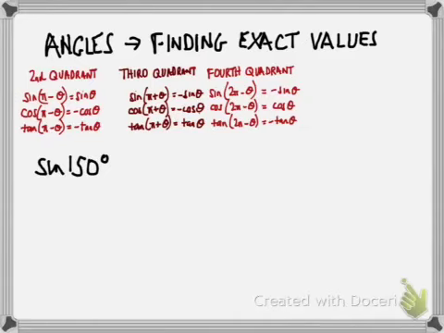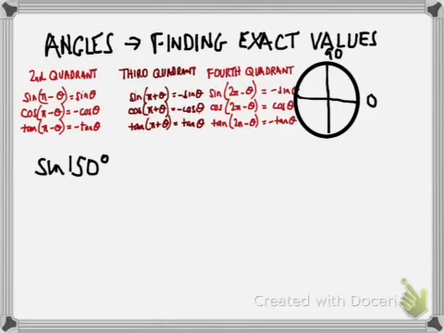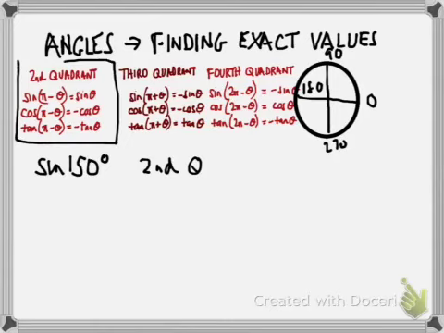We can always have a little circle here ready to go: 0, 90, 180, 270. So we can quickly identify what quadrant 150 is in. Second quadrant. Because we've identified a second quadrant, I'm looking at those rules.